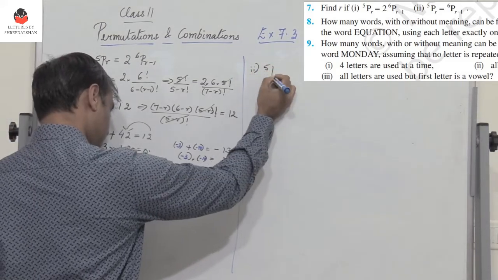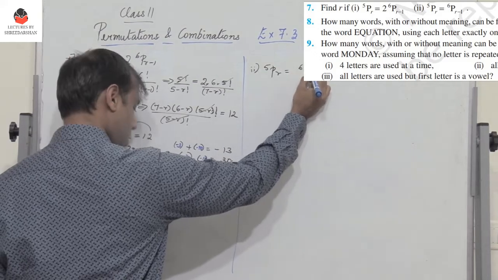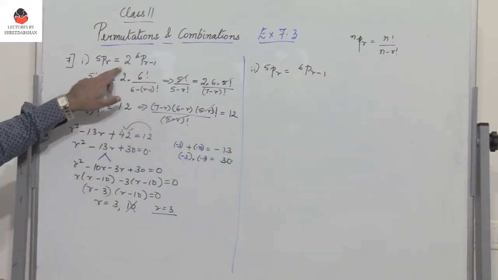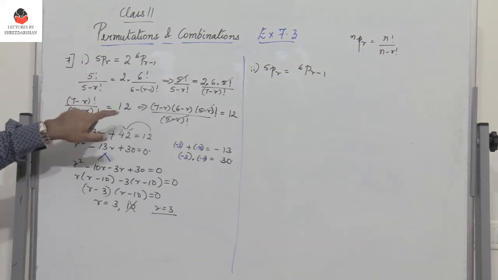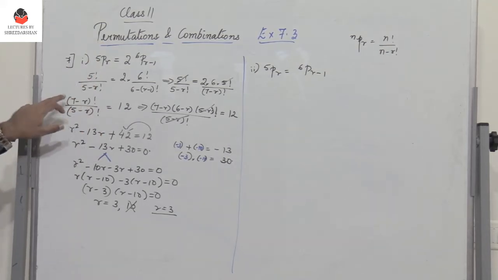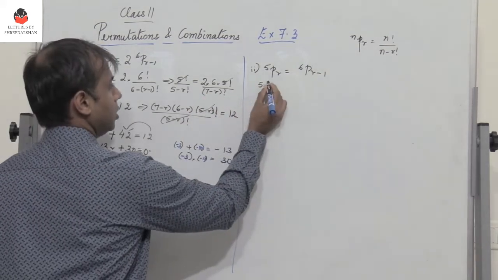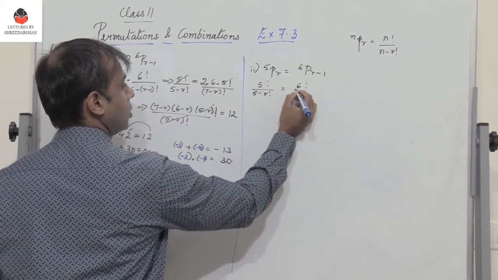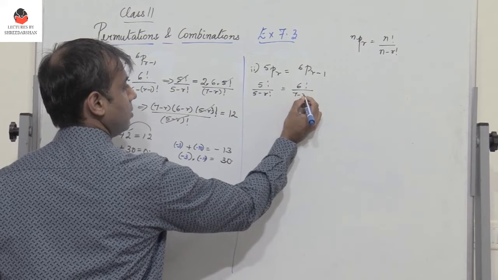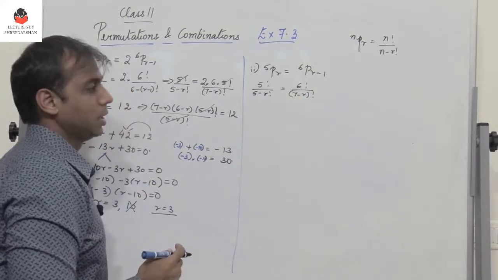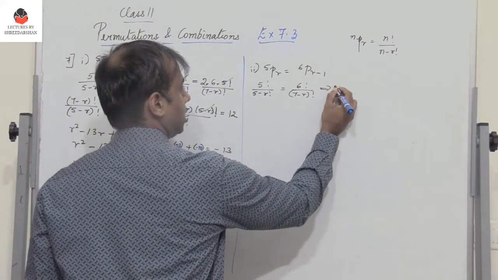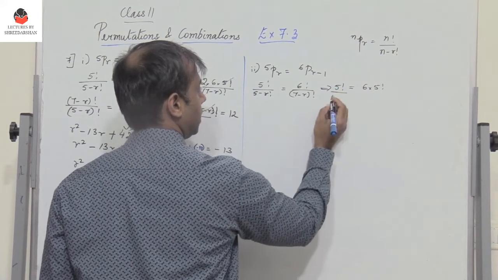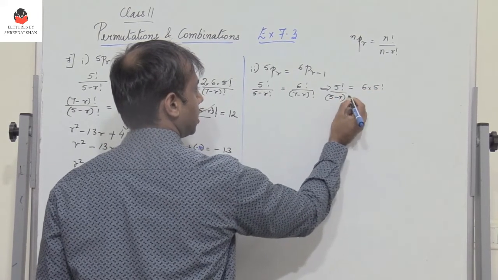Second one, 5Pr equals 6P(r minus 1). So we have the same expression except that you do not have 2 here. Again, you get 5 factorial divided by 5 minus r factorial equals 6 factorial divided by again 7 minus r factorial. This can be written as 5 factorial equals 6 into 5 factorial divided by 5 minus r factorial.